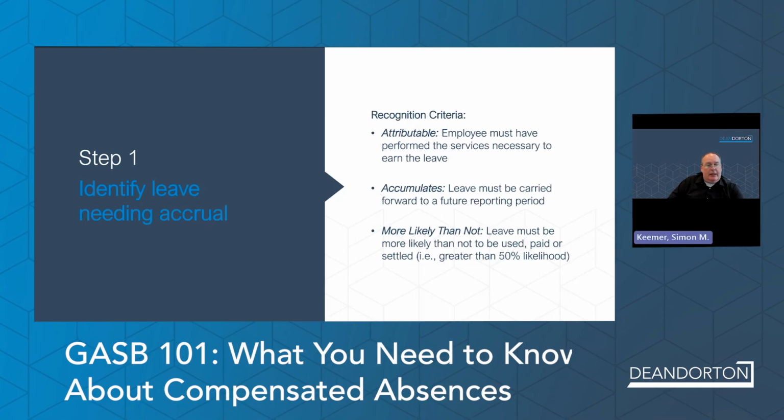So in essence, in order to have an accrual at the end of the reporting period, any leave that's been accrued must be carried forward to a future reporting period. And so one area to be careful with here is, for example, maybe you have a use it or lose it policy, and you're like, well, okay, leave is not carrying forward to a future reporting period because we have a use it or lose it policy.